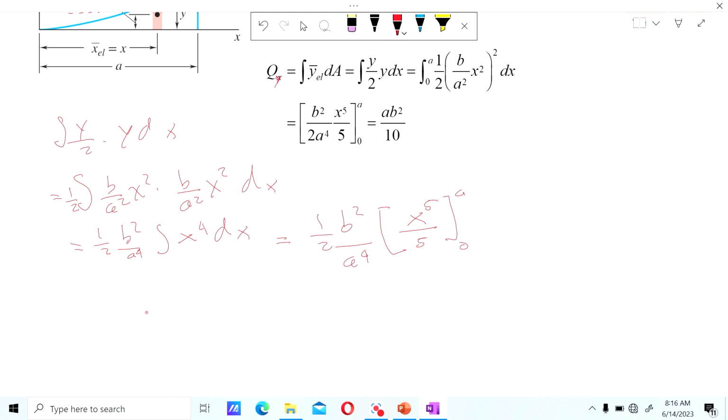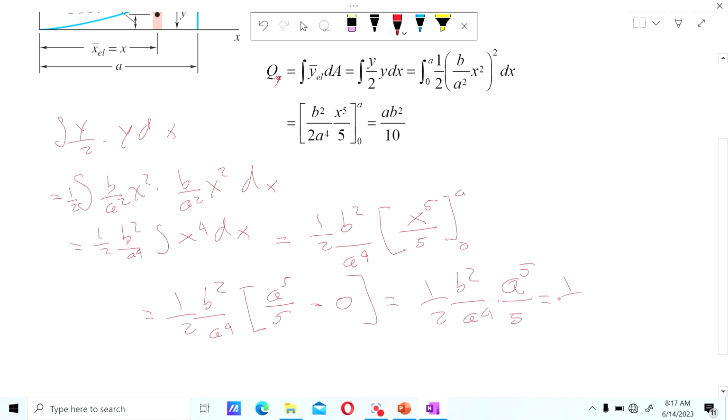This is equal to 1 half b squared over a to the 4th times a to the 5th over 5 minus 0. So this equals 1 over 10 a b squared. Okay.